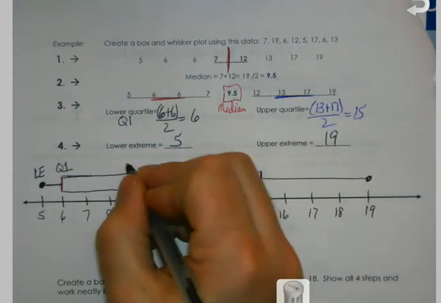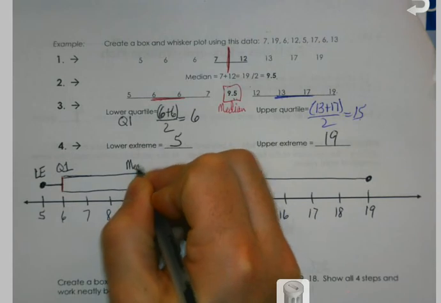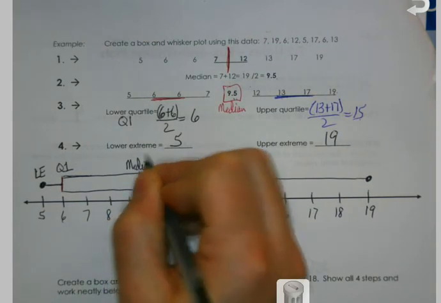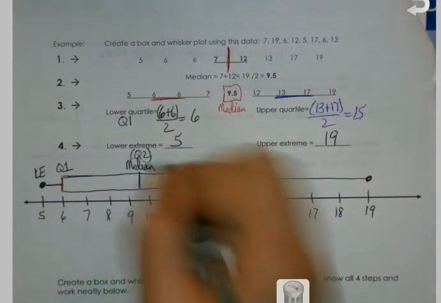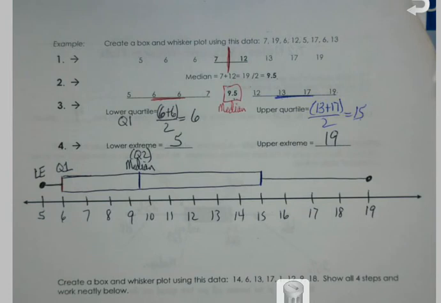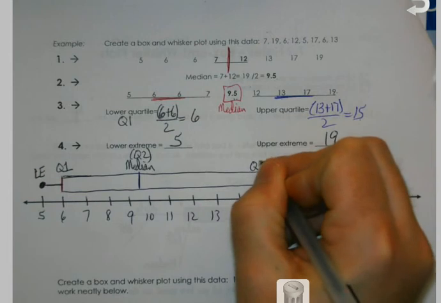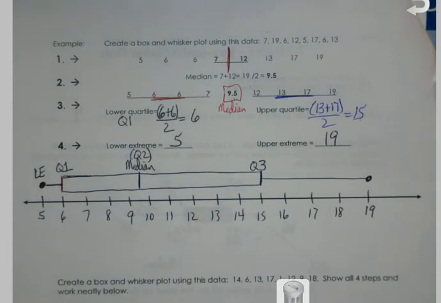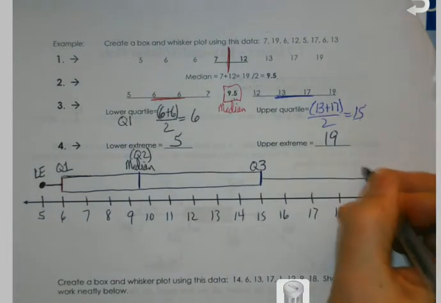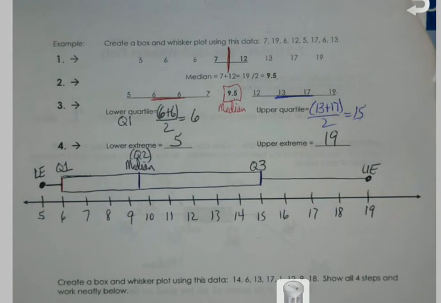Then I have my median, which also can be called my Q2 sometimes, so I got to be ready for that just in case. My upper quartile is my Q3, and then my value way on the end is my upper extreme.